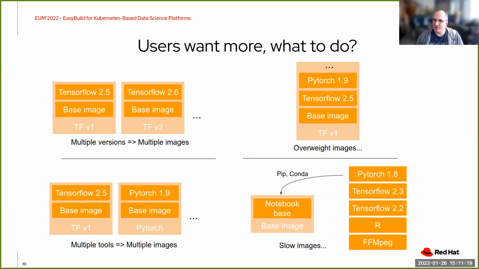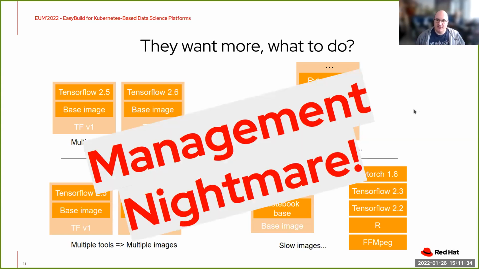Plus, you don't have much control on what they install. So it defeats the purpose, which was initially to have those single common images and libraries that people will use. So this is a management nightmare, or your users' nightmare if you decide to do nothing.